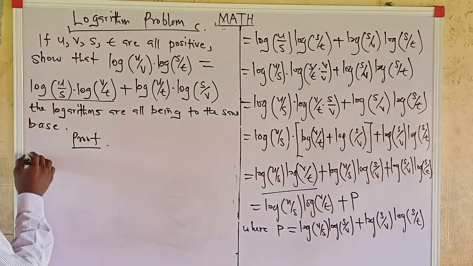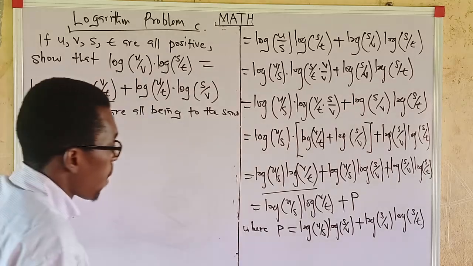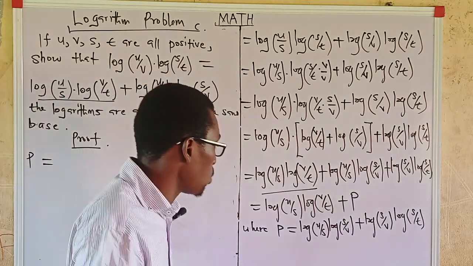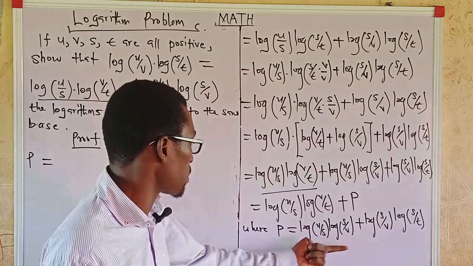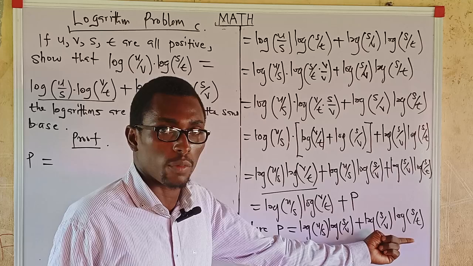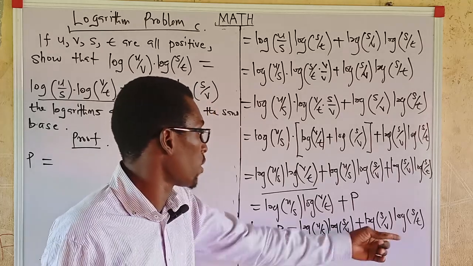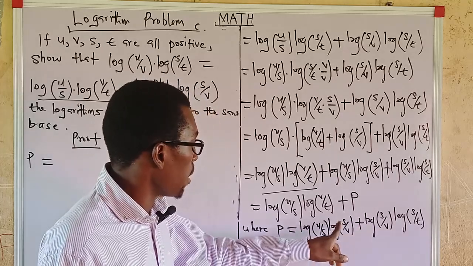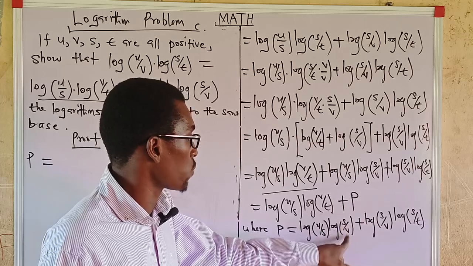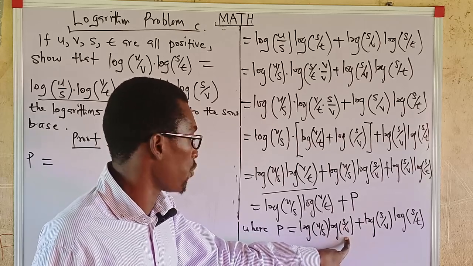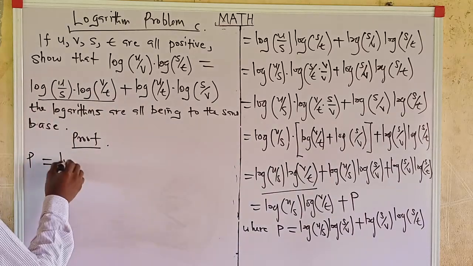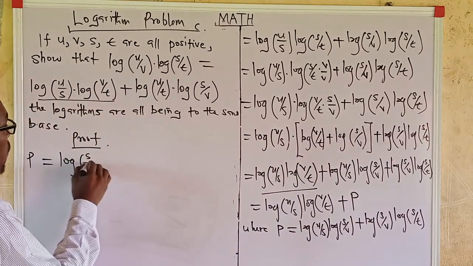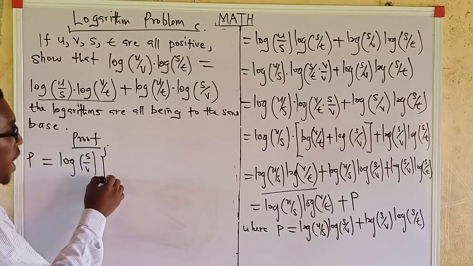Now, my P here is equal to, how do we simplify this? Now, listen, look at this side. We shall take a common factor. If you look at this, this is the first term and this is the second term. Looking at the first term and the second term, you see that log to an arbitrary base of S over V is common to both terms. So we can factor this. So when we do that, P becomes log to an arbitrary base of S over V, and that should multiply.